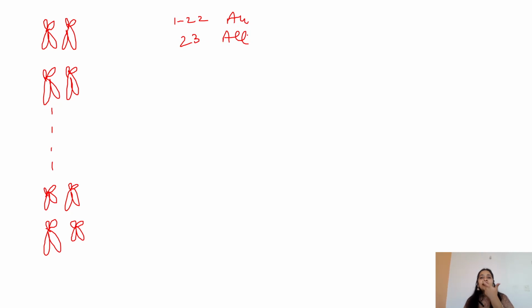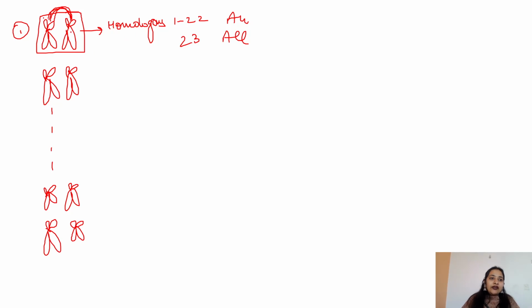Coming to the next terms: homologous chromosomes, heterologous chromosomes and non-homologous chromosomes. Suppose this is pair number 1 and we are talking about these two chromosomes. These two chromosomes are from one single pair, so they will be known as homologous chromosomes, because both the chromosomes are from pair number 1.